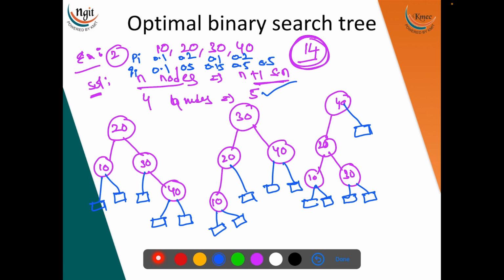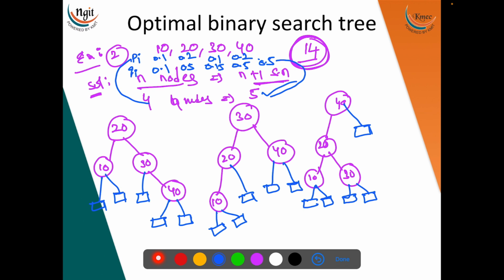Now you may ask why you have taken 4 successful probabilities and 5 unsuccessful probabilities. It is respective to the nodes. My probability Pi indicates the probability for successful nodes. How many successful nodes do you have? 4. Q represents the unsuccessful probability. How many nodes do you have? 5. So it is respective to the number of nodes available.